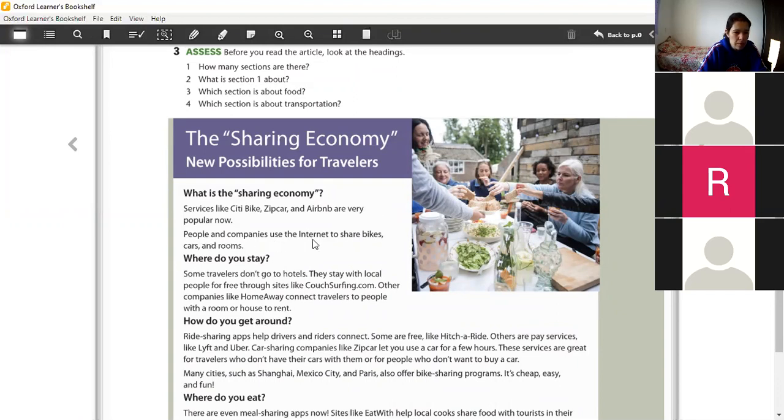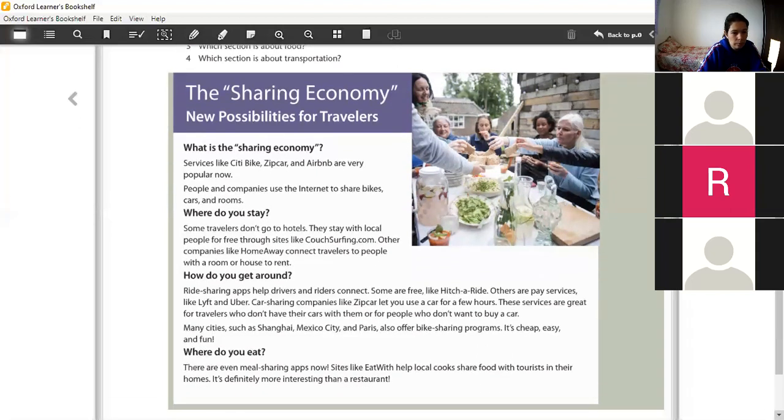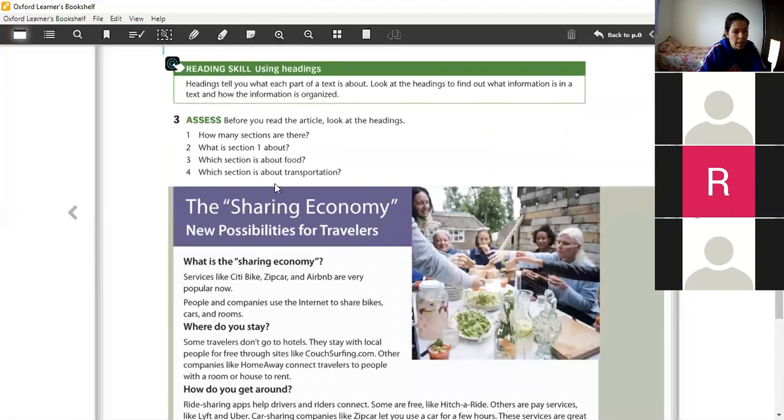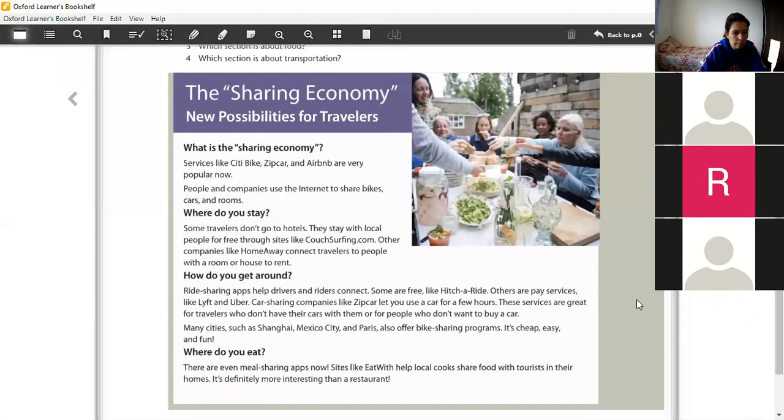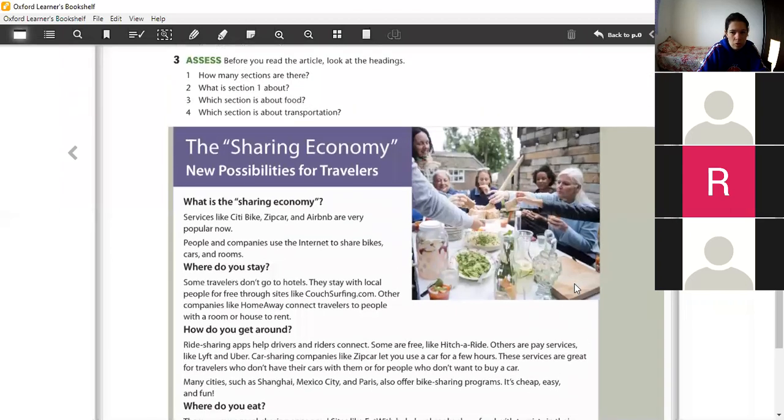Yeah, so it explains what is sharing economy. Number 3, which section is about food? The fourth, the last one. And which section is about transportation? The third, how do you get around? Good.